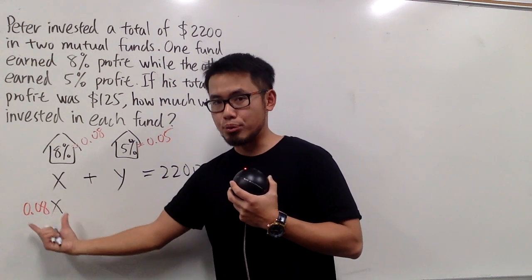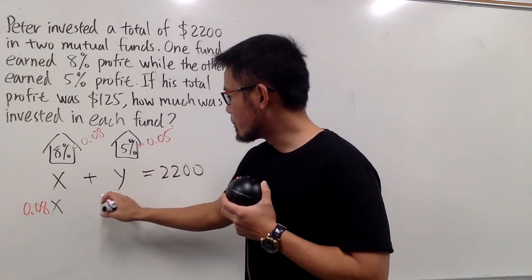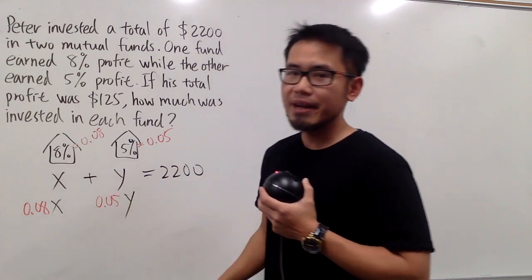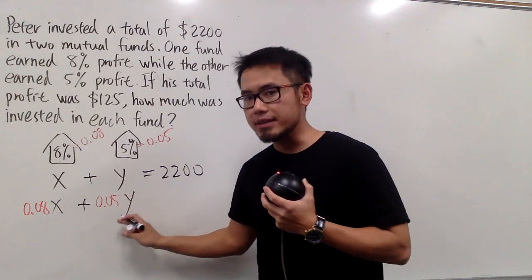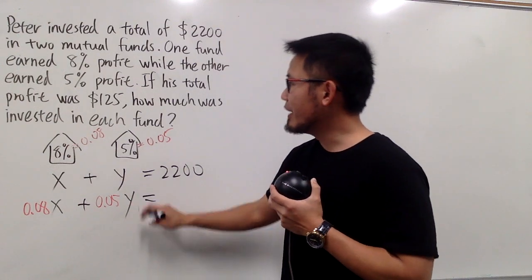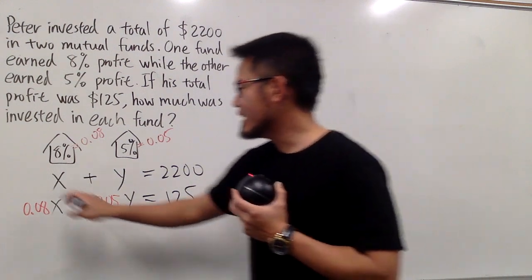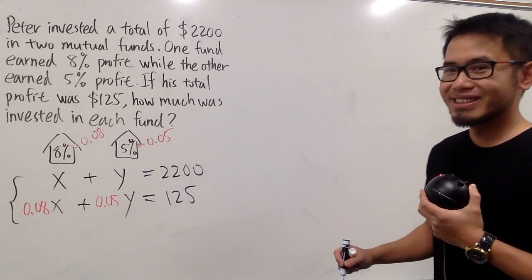This is telling you the profit. Likewise, I will just multiply 0.05 times Y, okay? And together, when we add them up, this is the profit equation, and we will end up with $125.